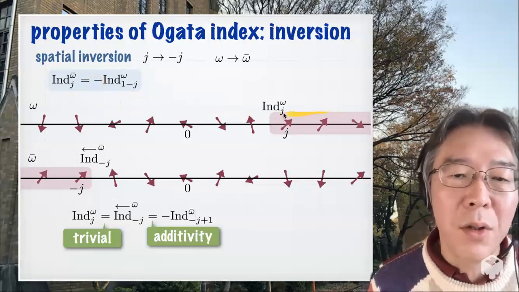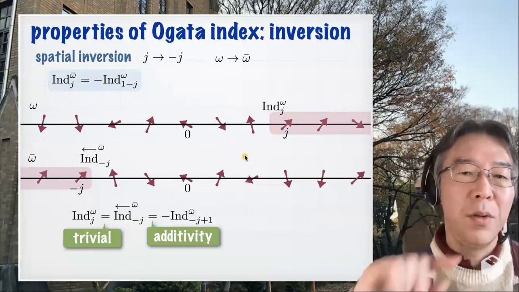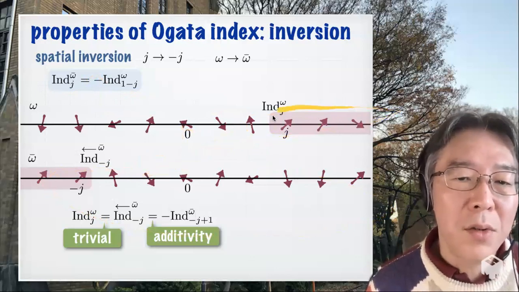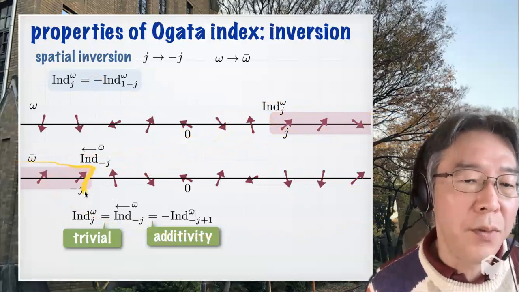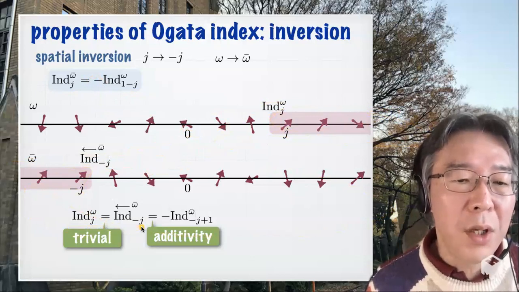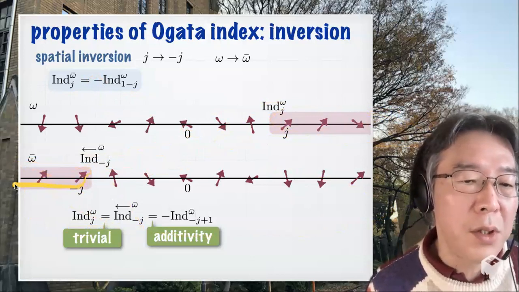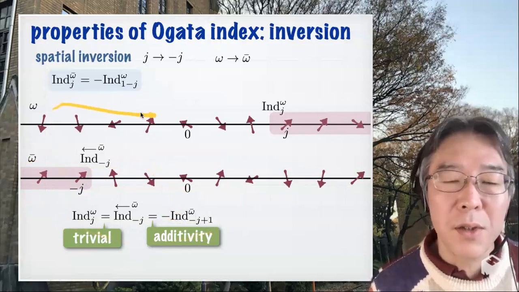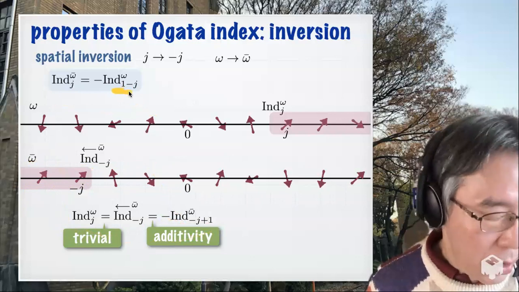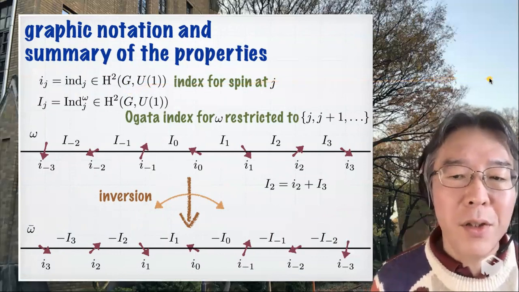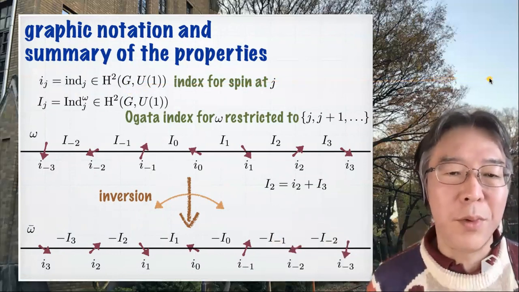This is the original omega, and you make an inversion transformation to get this one. So this is here, this is here. And so this half infinite portion is mapped to this half infinite portion. So you have a trivial identity here. But now from the additivity, the transformation property of this portion is related to the transformation property of this portion, and this is this. And so if you rewrite this, you get this. Okay, you don't have to be too careful about this, and this slide summarizes everything. This slide summarizes all the useful properties of the Ogata index.